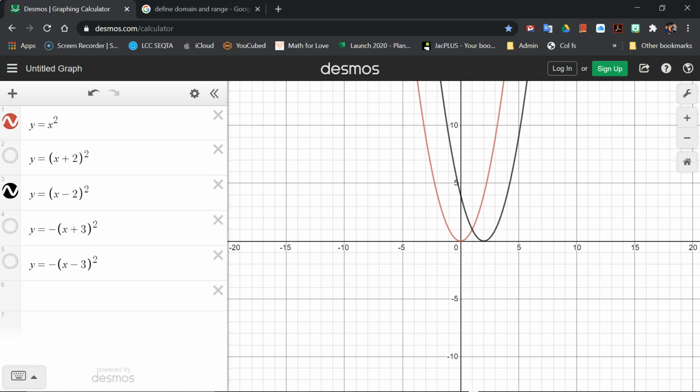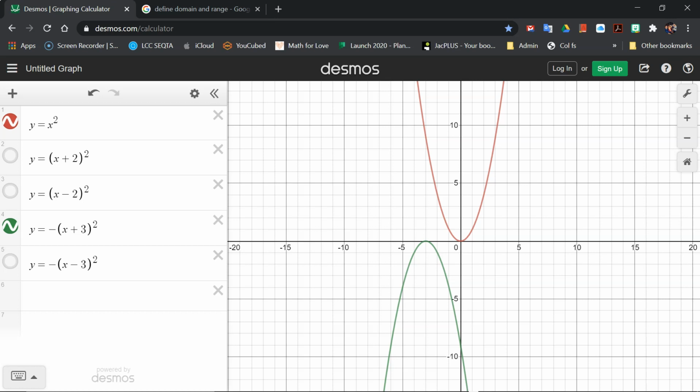Will this apply the same thing to negative parabolas? Yep. Here we have a negative parabola. It's inverted, but then it's shifted left 3 units with a positive 3.